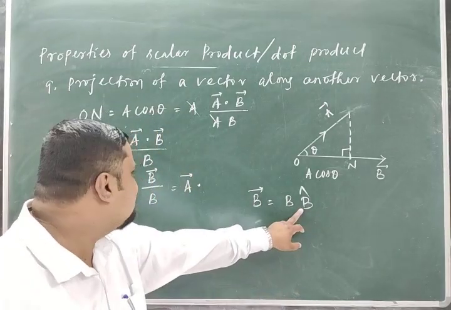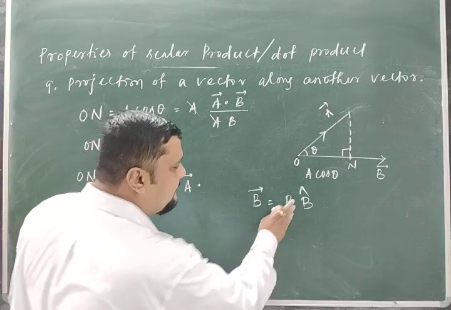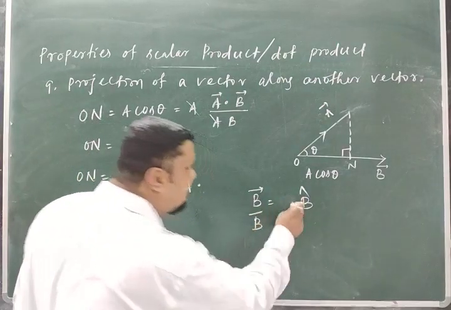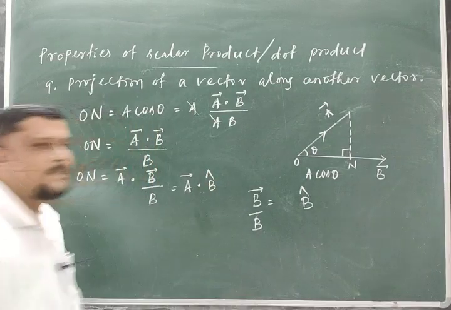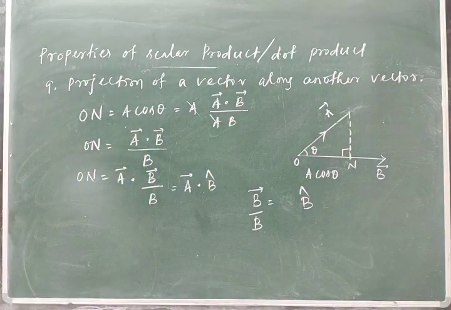So if I ask you what is B by magnitude of B, this can be written as B cap. So what is the result here?